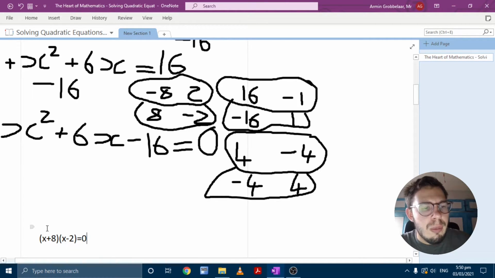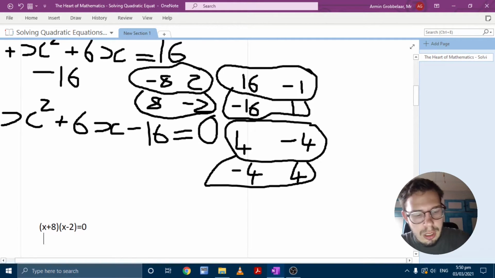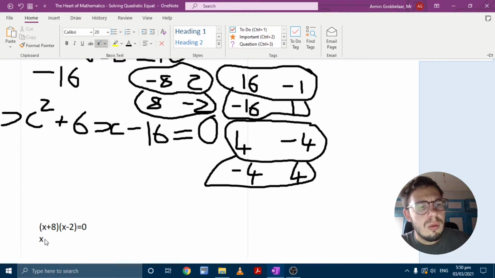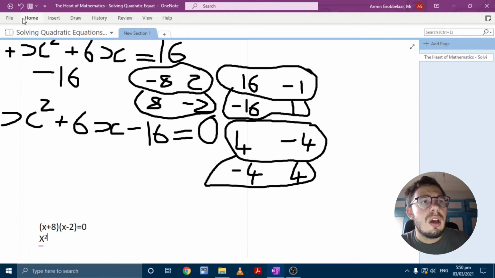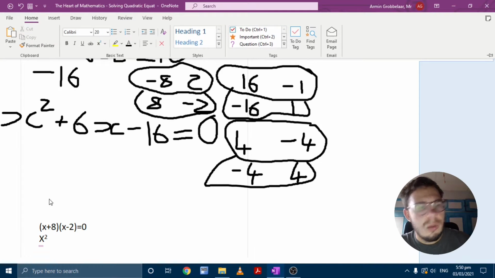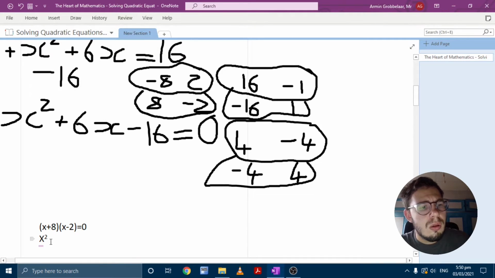Because if I multiply it out, I say x times x, which is x squared, and then I can say 8 times x, which is just plus 8x, and then I can say minus 2 times x, which is minus 2x, and 8 times minus 2 is minus 16.